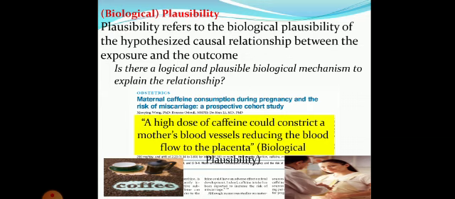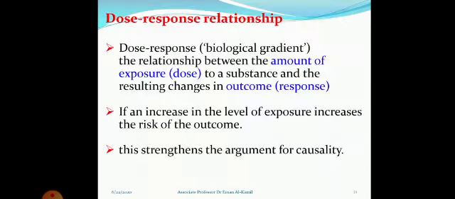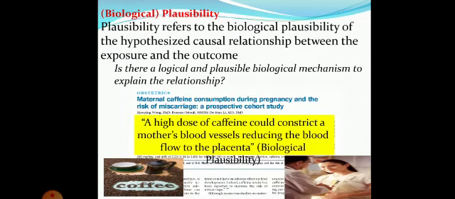A high dose of caffeine could constrict a mother's blood vessels, reducing the blood flow to the placenta. This is a biological plausibility, and it explains why abortion occurs, because caffeine causes constriction of the blood vessels and reduces the blood flow to the placenta.